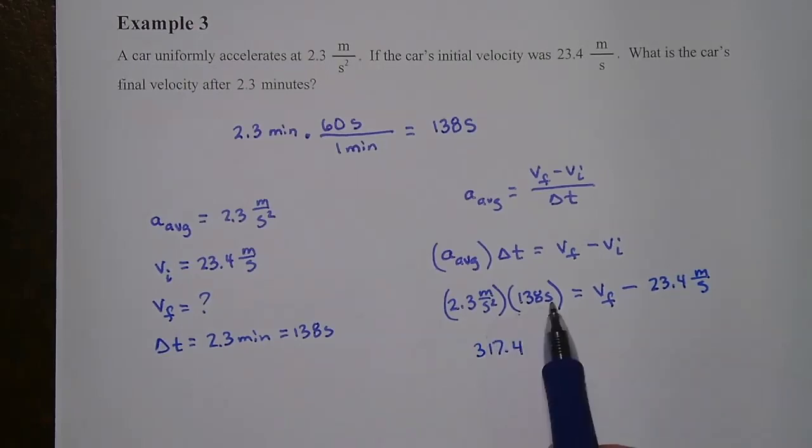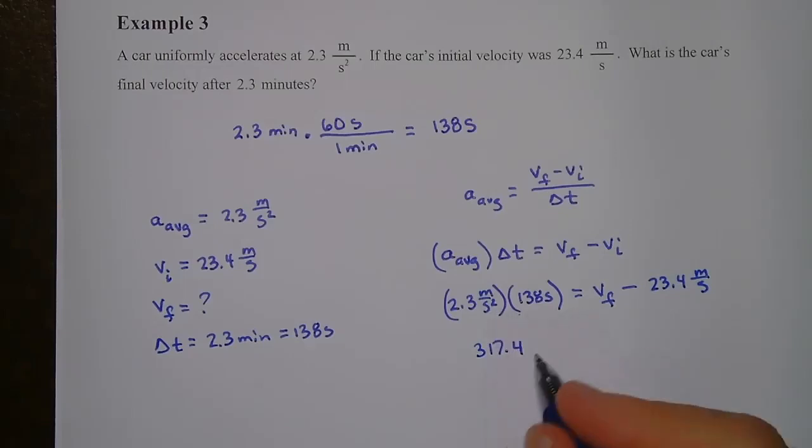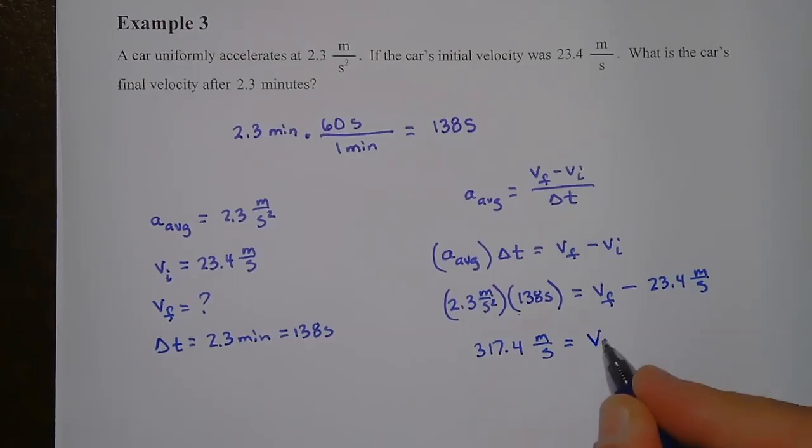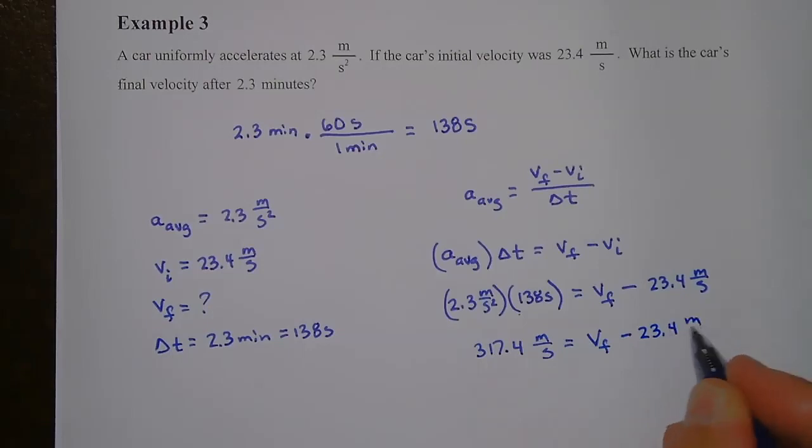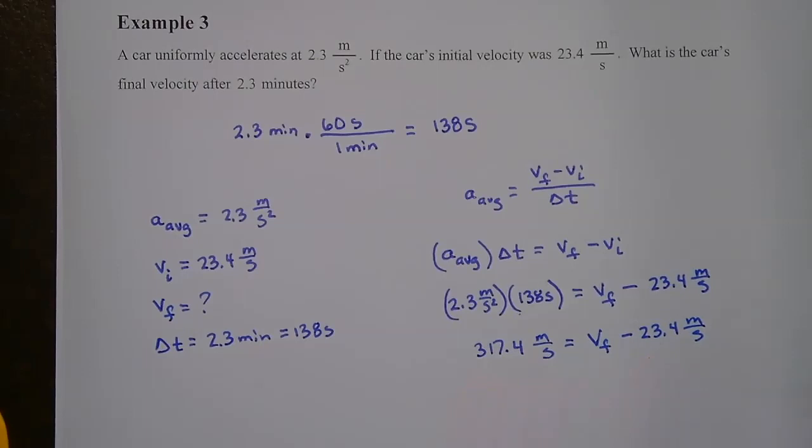This second cancels with one of these, so we're left with meters per second, equal to the final velocity minus 23.4 meters per second. And then to get the final velocity, I'm just going to add 23.4 to both sides. So 317.4 plus 23.4, and we get 340.8 meters per second. And that would be my final velocity.